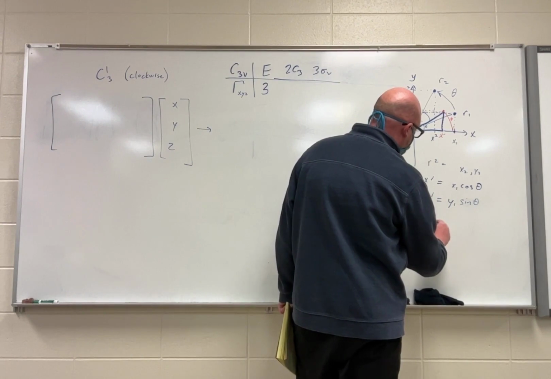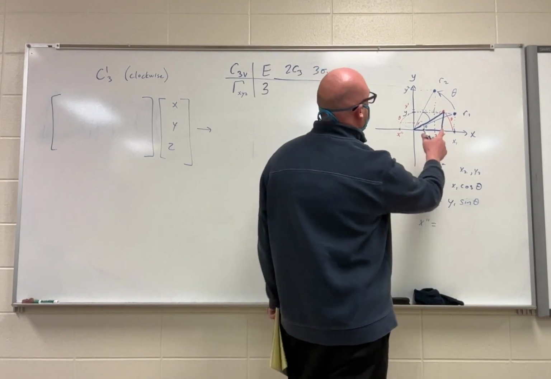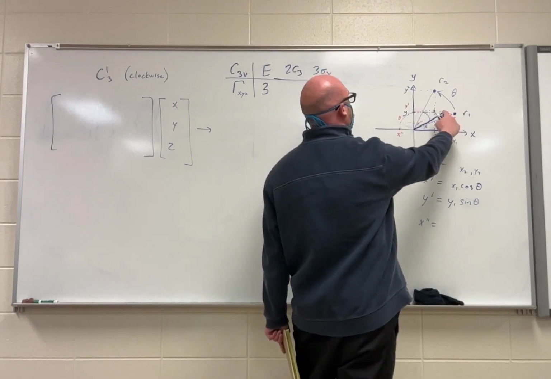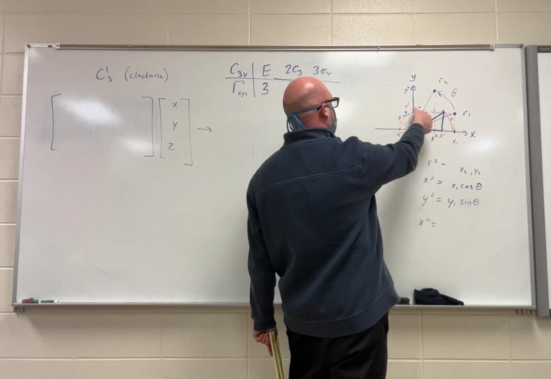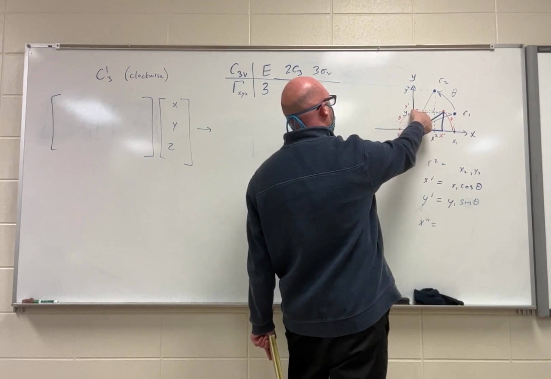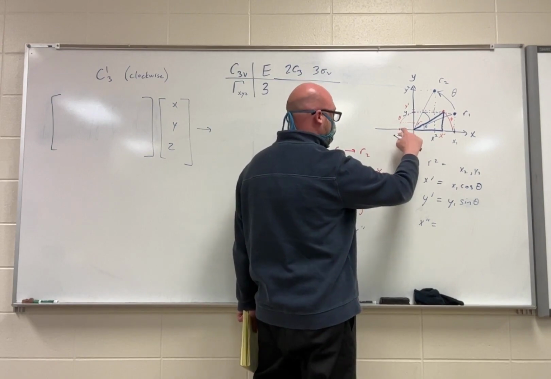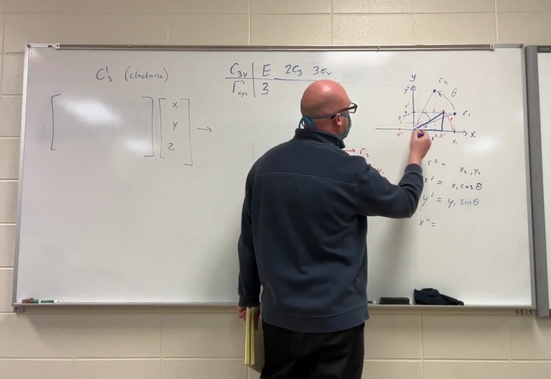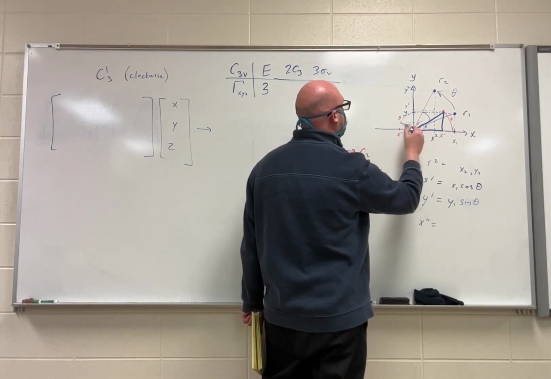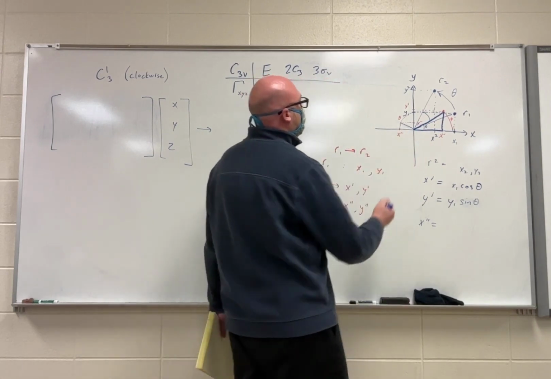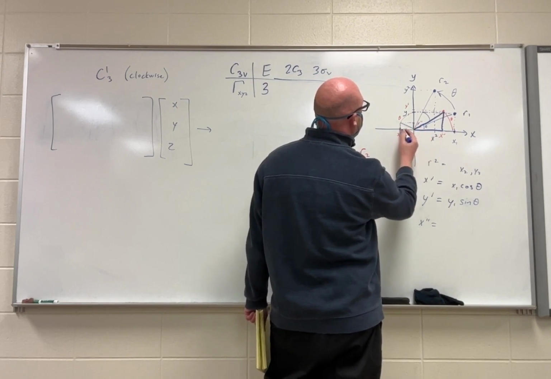X double prime is going to be, so I'm taking now the projection of R1 along y, which is y1, right? I took y1 and rotated it by theta, and now I need to work out the projection on the x-axis. So the triangle that I'm working with is this one. I need to know this distance here, which is the same as this distance.